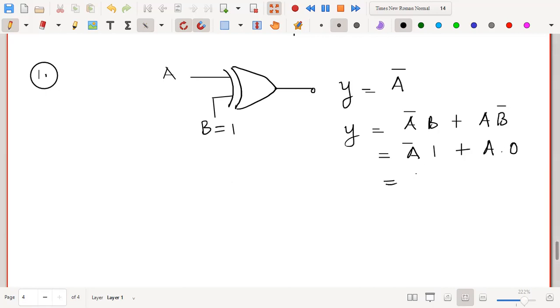So a complement into 1 gives a complement, plus a into 0 gives 0. Now a complement or 0 is just a complement. So if any one of the inputs is 1, the output is the complement of the other input. This is one important conclusion.